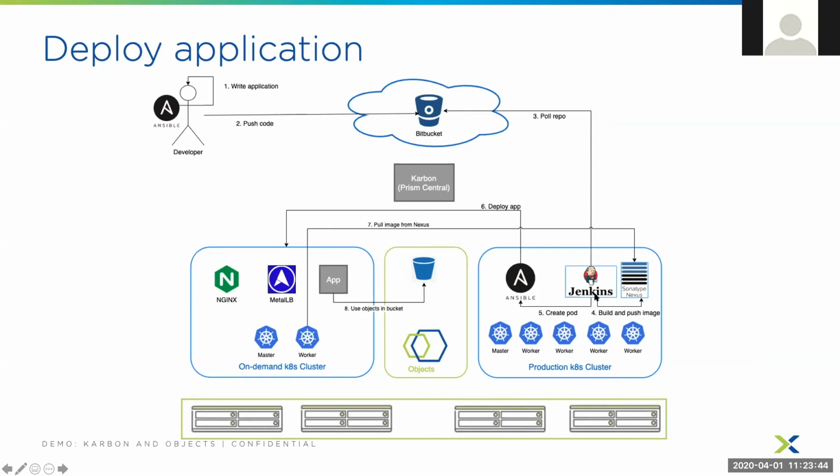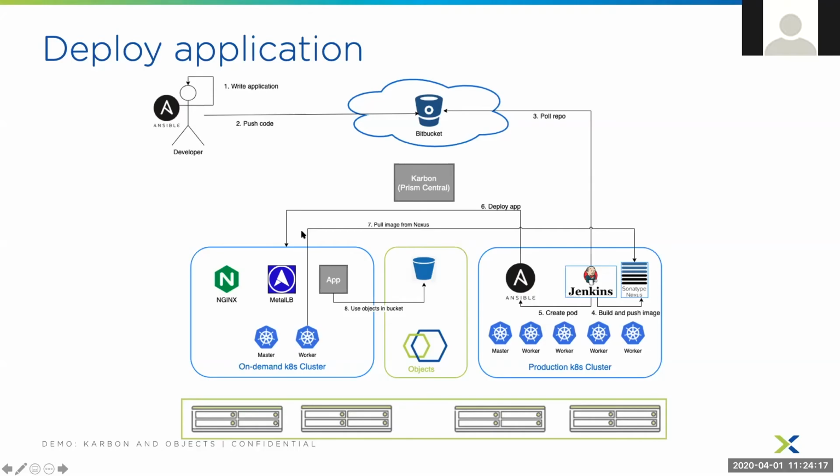The first step is to build the image and to push the image to the image registry. The next step is to instruct Ansible to deploy an application on the newly provisioned Karbon cluster based on the image in Nexus. The application that the developer has written is an application that uses the objects in the bucket that we have created earlier.